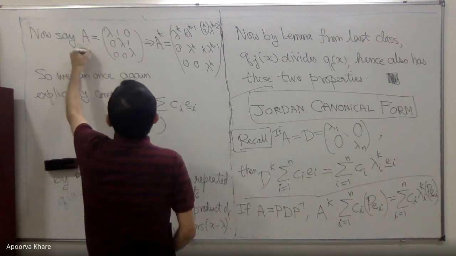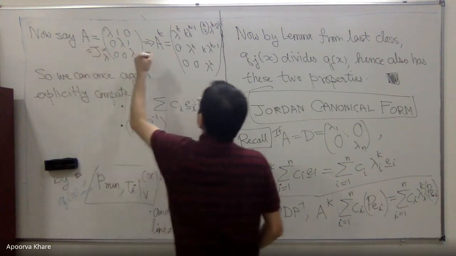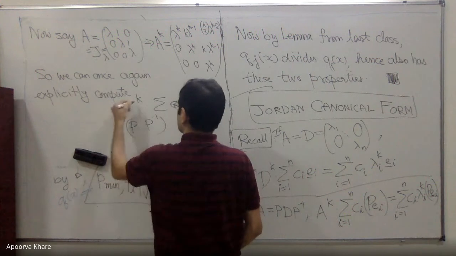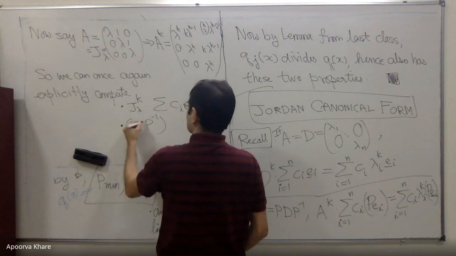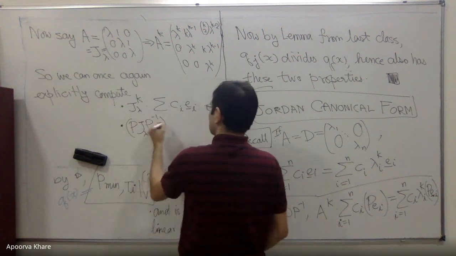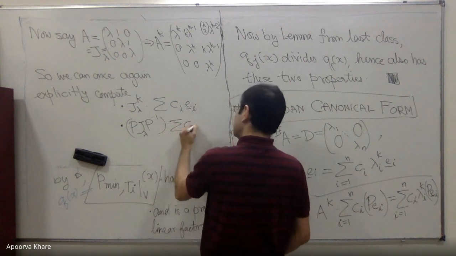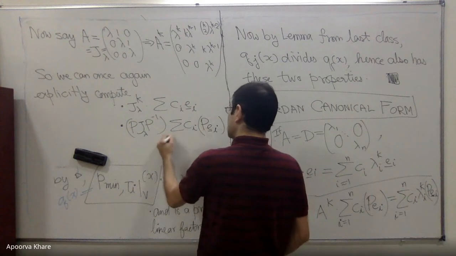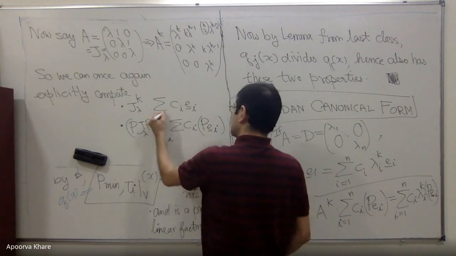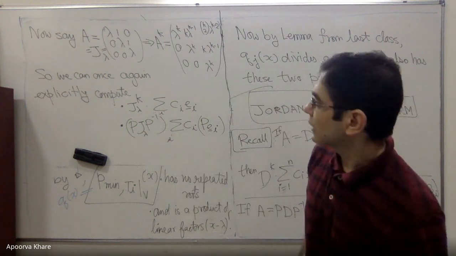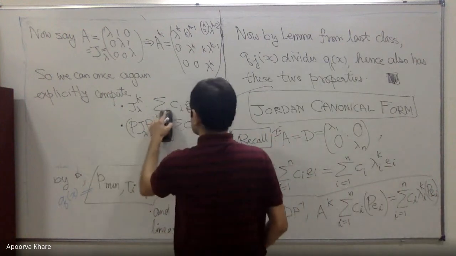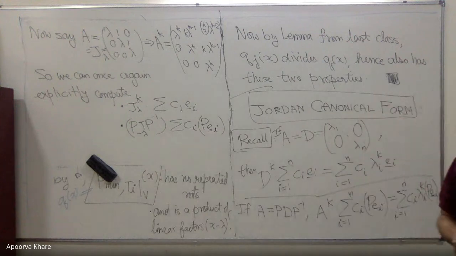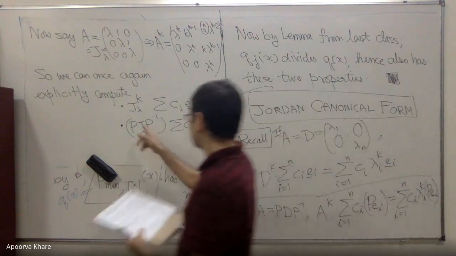Let me call this J lambda. I'll say J lambda to the k and J lambda times the summation of Ci P Ei. So you can again calculate both of these expressions.